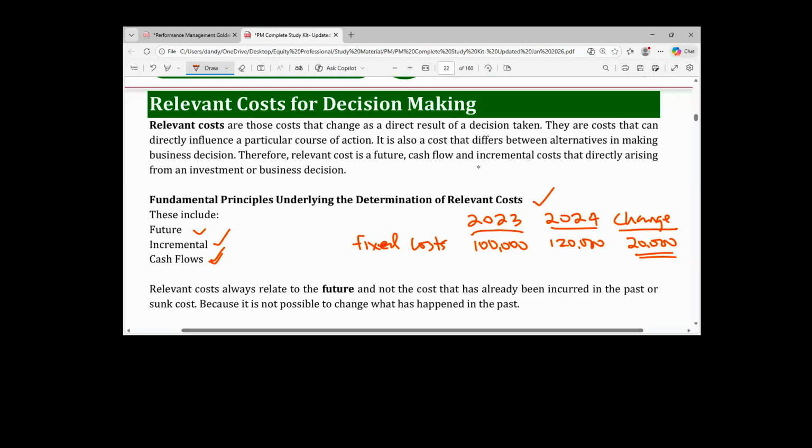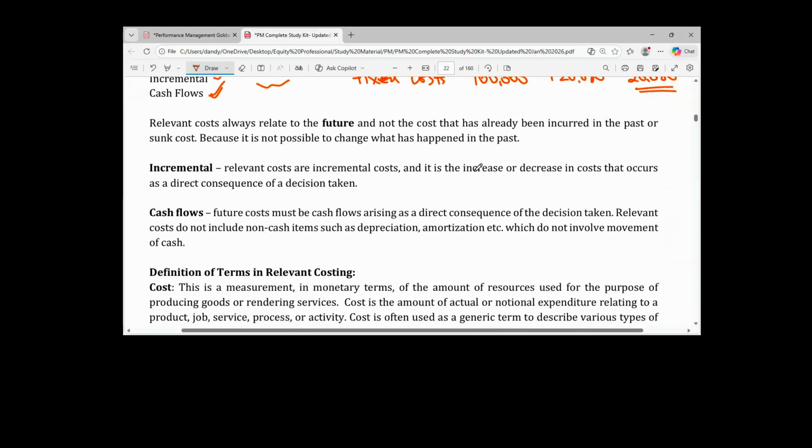For a cost to be relevant, it must be cash flow, it must be cash item. So this simply means that any non-cash item or notional cost like depreciation, amortization, or provision should be ignored because they do not involve movement of cash.